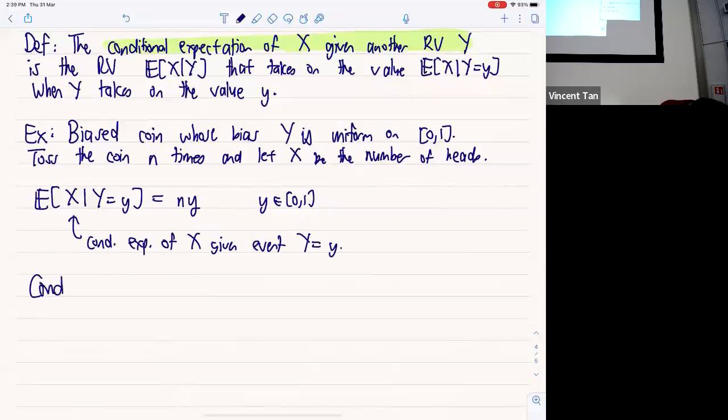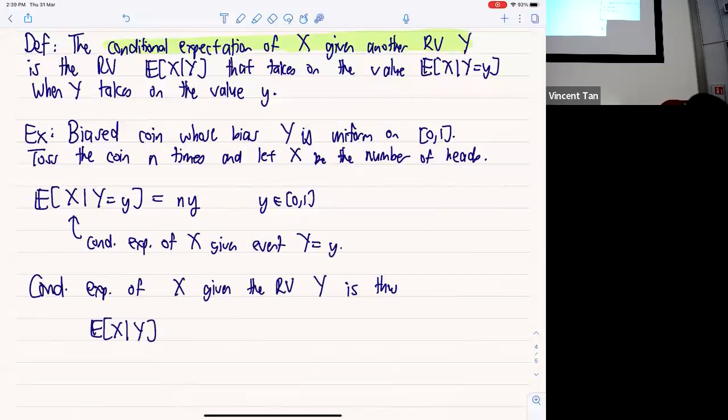Now, the conditional expectation of x given the random variable Y is thus expected value of x given Y, no more equal to little y, no more, is exactly n times capital Y. So the conditional expectation is the hardest thing you'll come across in this class. The conditional expectation of a random variable given another random variable is itself a random variable. Okay? Even people in my graduate class cannot fully get this.